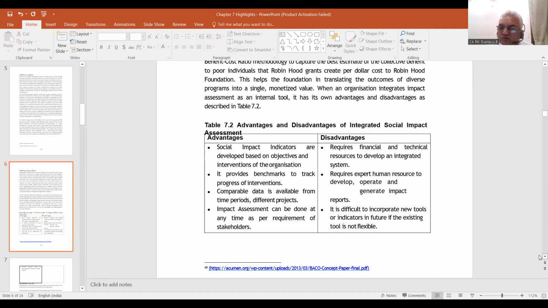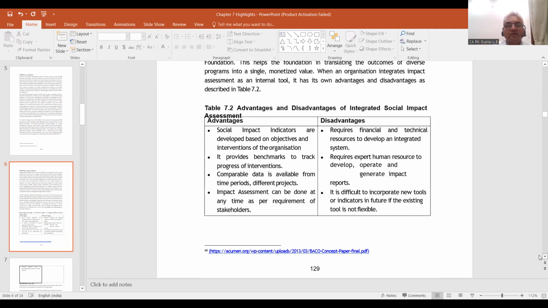It requires expert human resource to develop, operate, and generate impact reports. Because within the organization, you will be generating reports. So definitely you need people for that. So you need expert human resource to develop, operate, and generate impact reports. But if you outsource this thing, then you need not have these people. It is difficult to incorporate new tools or indicators in future if the existing tool is not flexible.